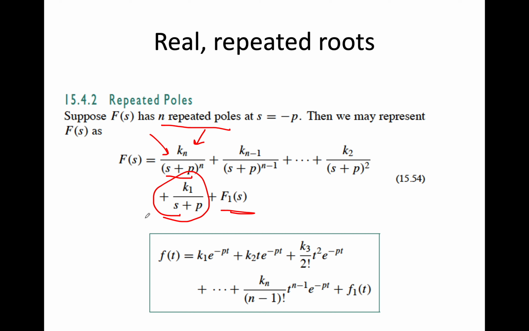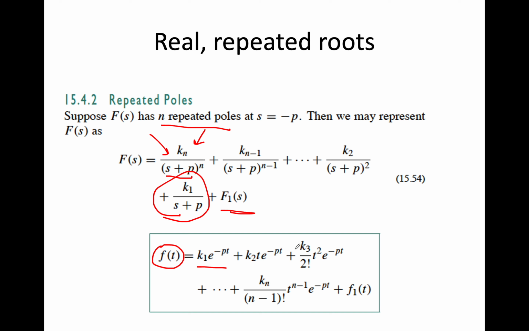If you have this situation, then the response looks like this. When you take the inverse transform, p is your root. So you have, first of all, a constant times just a simple exponential decay. And if n was equal to 2, you would have another constant times t e to the minus pt.